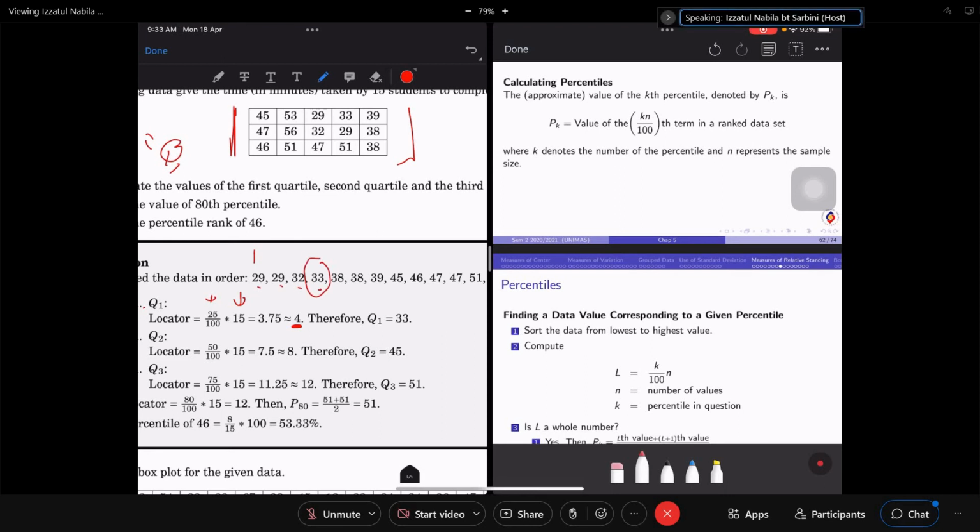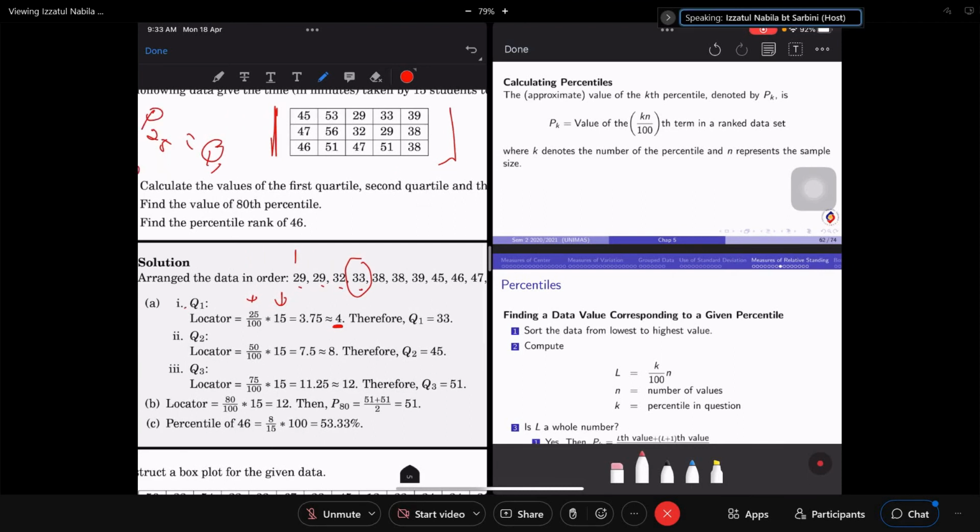For the second quartile, because the second quartile is P50, it's 50%. So 50 over 100 times the number of data, 15, you get 7.5. Because it is a decimal, you always round up.